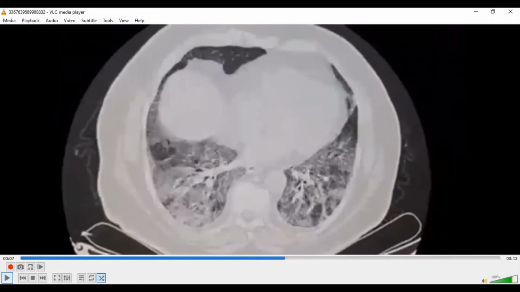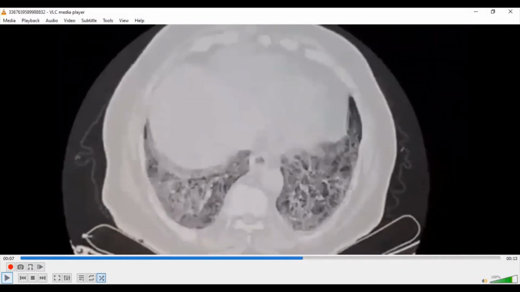As we move, we are now at the basal region, so opacities are more prominent over here. Here we can see that multiple opacities are seen, characteristic features of COVID are seen, and the predominance is peripheral, posterior, and basal region. On the basis of this, we can classify them under Co-Rads 5.